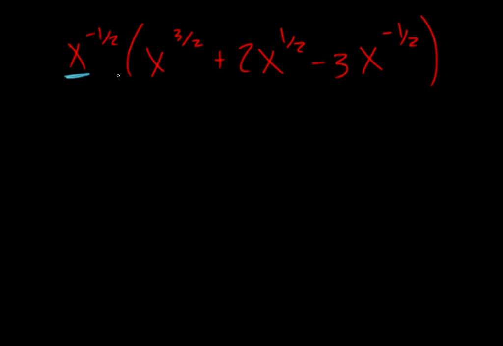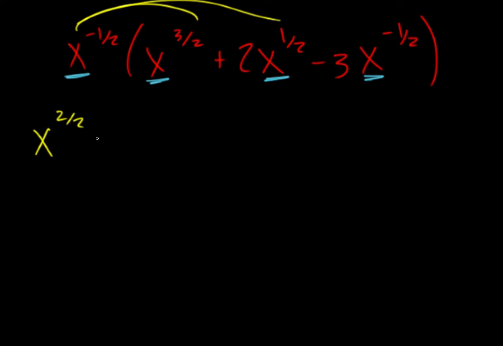the same base, so all these x's are considered the base, when we multiply them, we add the exponents. So we're just going to distribute. So we have x as our base, and we have negative 1/2 and 3/2, so that's going to be 2/2. We'll simplify later.